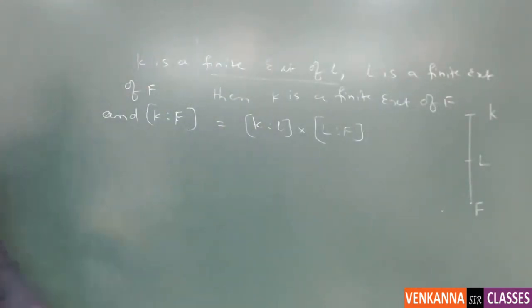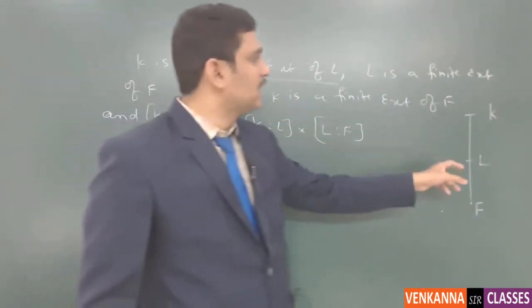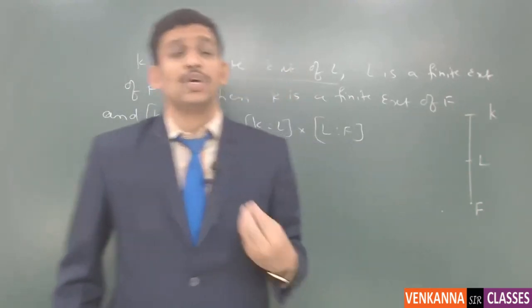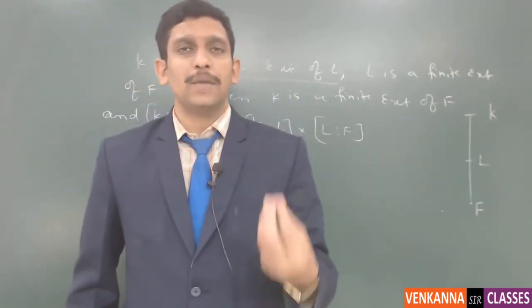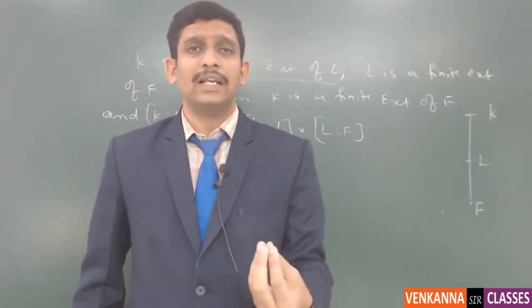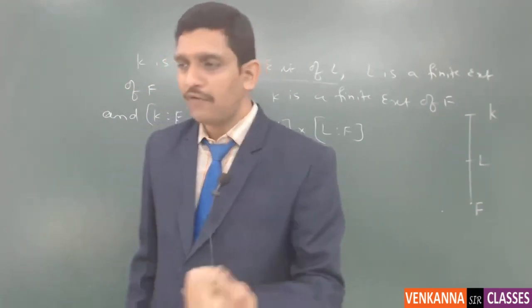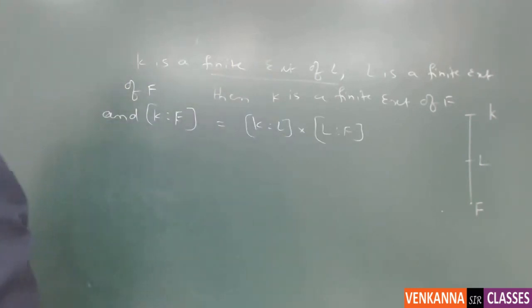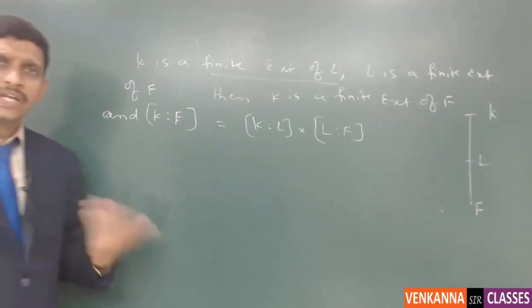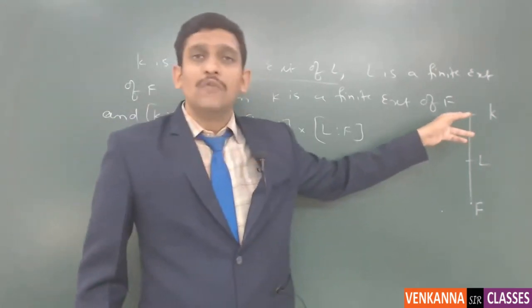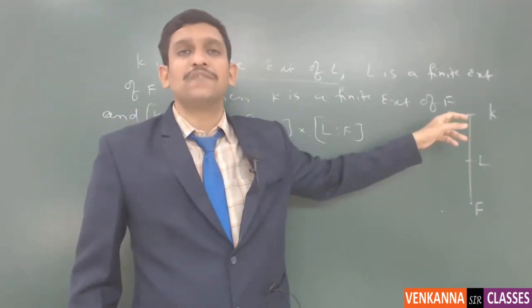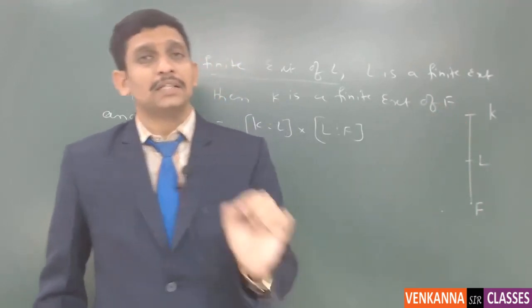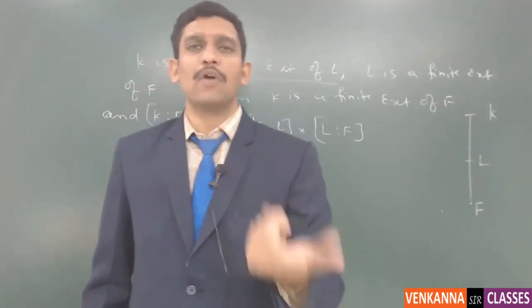So it means that L is a subfield of K. If you calculate a basis for K, then it contains a finite number of values. Okay. The same definition is applicable for L is a finite extension of F. In other words, we can calculate a basis for K such that K contains a finite number of values.